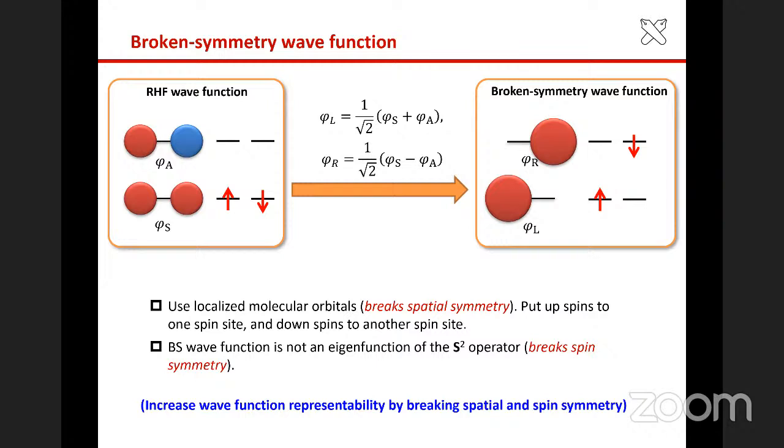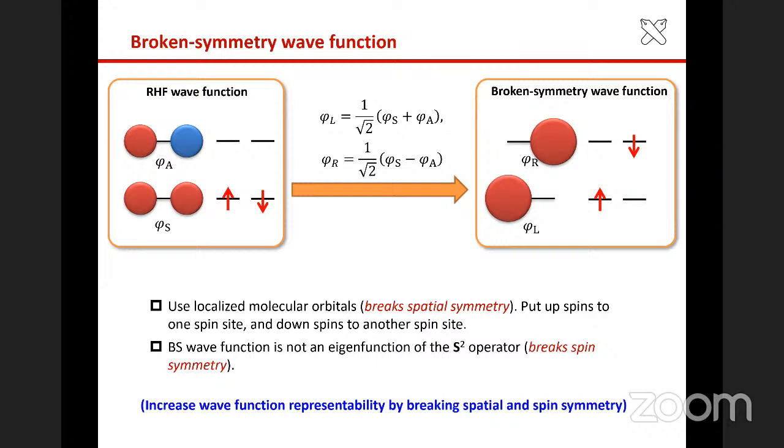Also, this broken symmetry wave function is not an eigenfunction of the S-squared operator. In fact, it is written as a linear combination of spin singlet and triplet states, and if you calculate the expectation value of the S-squared operator, you obtain a value of 1. So roughly speaking, this broken symmetry wave function breaks both spatial symmetry and spin symmetry.